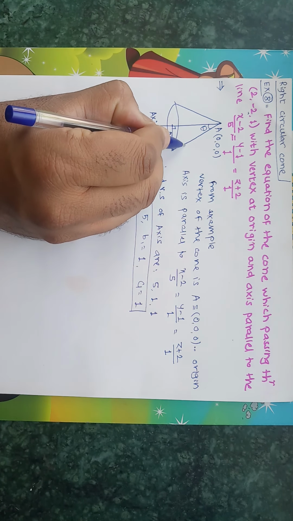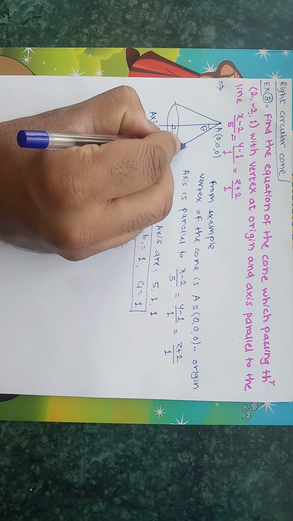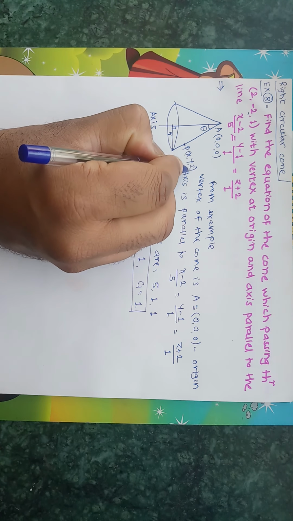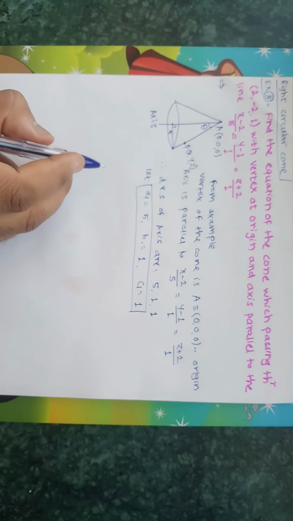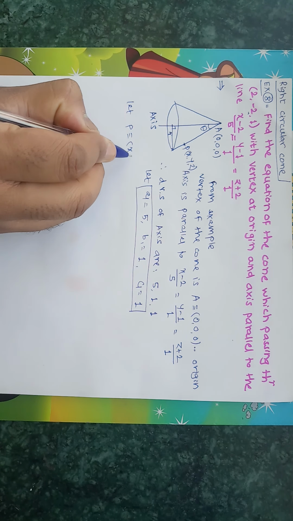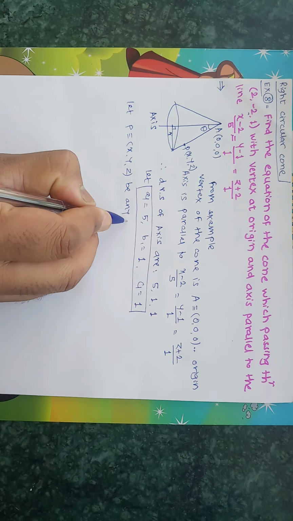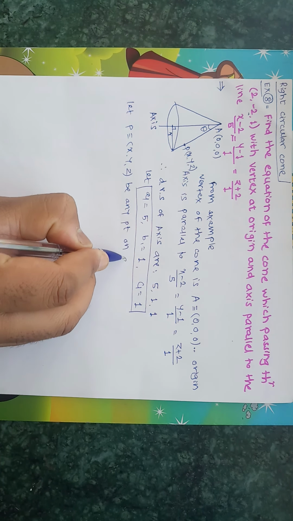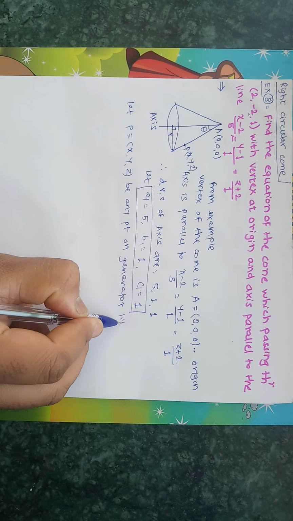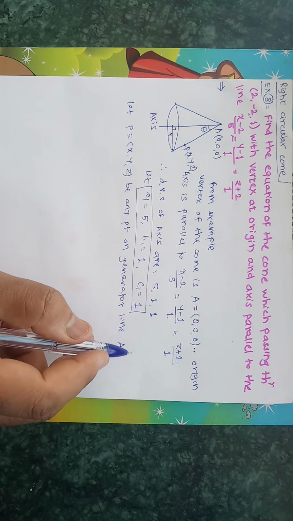So first of all, generally we can take the point P(x, y, z) to find the generator. Let P(x, y, z) be any point on the generator line AP.